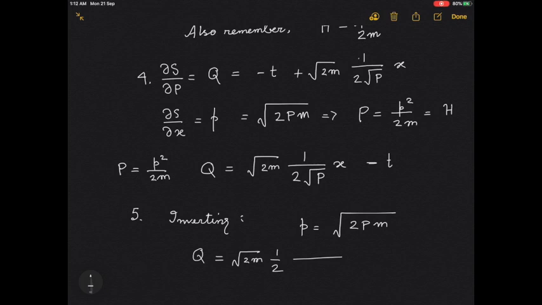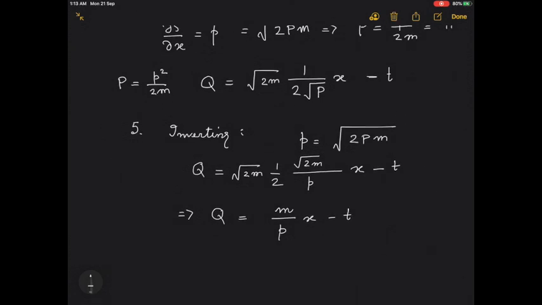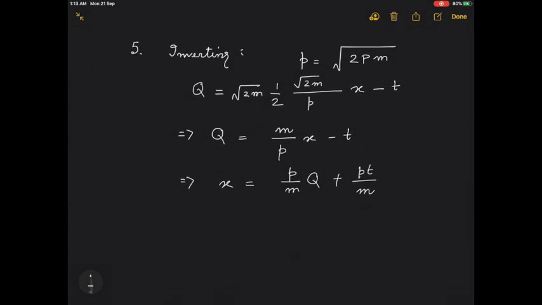So I have root 2m here, I have half here, and root over of capital P is nothing but p over root 2m, times x minus t, which means capital Q is, so this gives me 2m in the numerator, 2 cancels out, so this is nothing but m by p times x minus t, and that implies x is p by mQ plus pt by m.